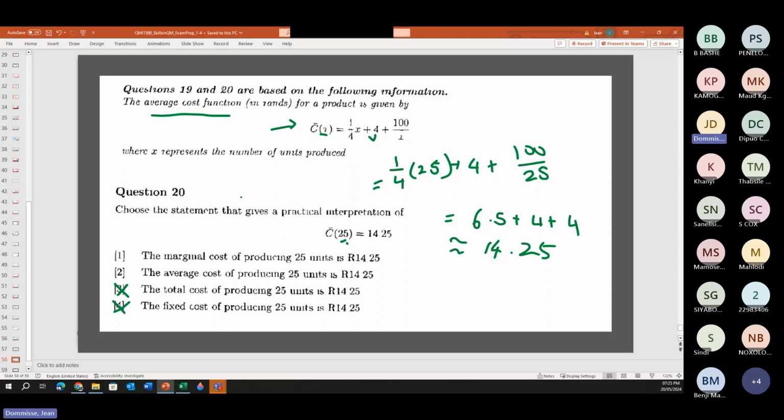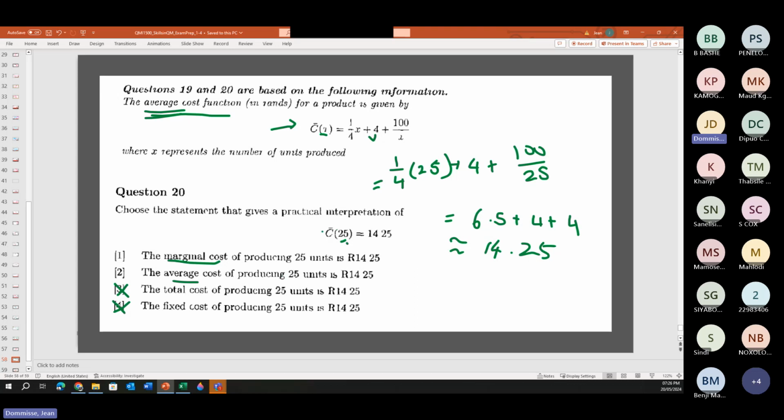So I would have also gone for the average. Not just because they say it to us there, but to get to the marginal cost, we would have needed to differentiate, and we did not differentiate that function.